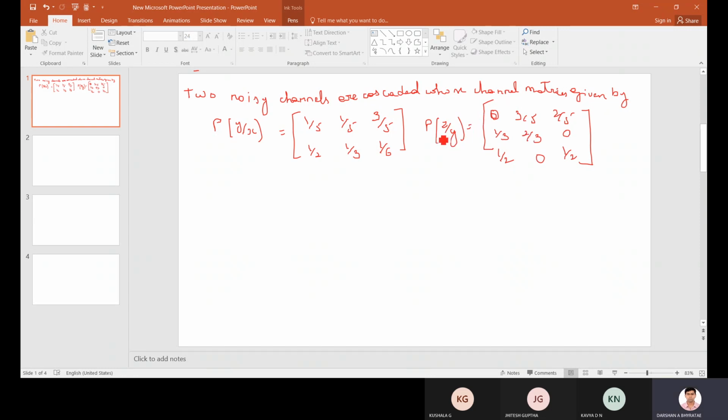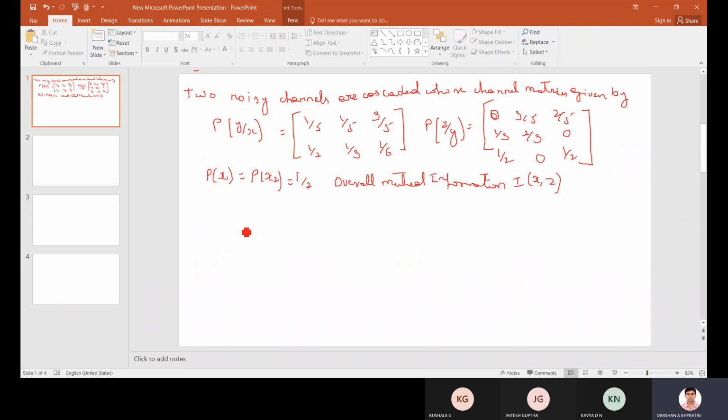We need to find out the mutual information. Along with that, we are given probability of x1 is equal to probability of x2 is 1 by 2. We need to determine the overall mutual information I of x comma z.